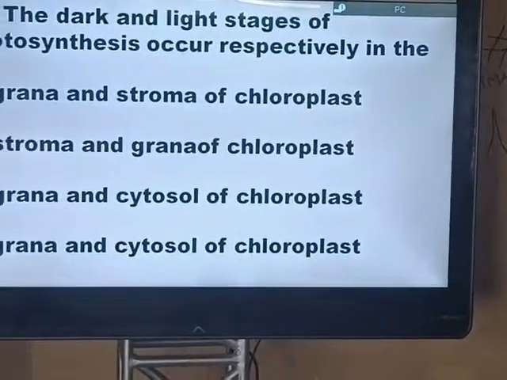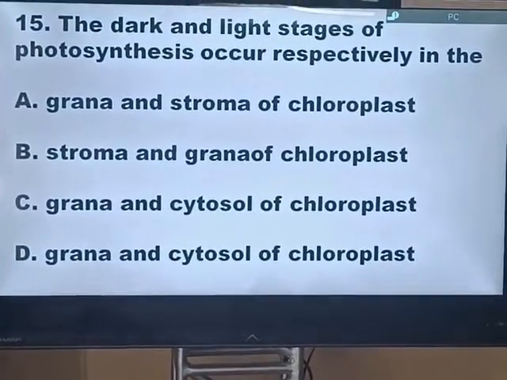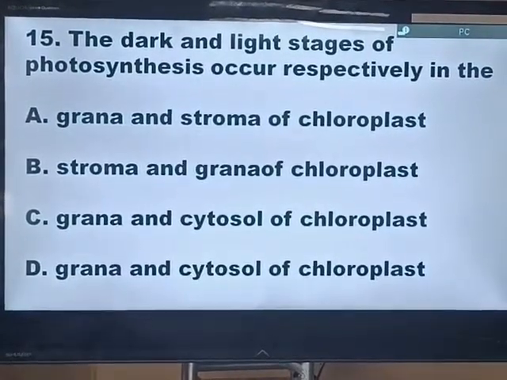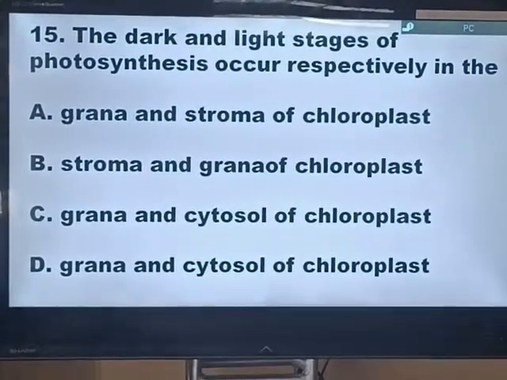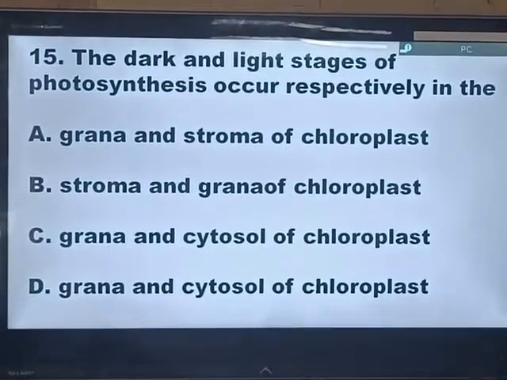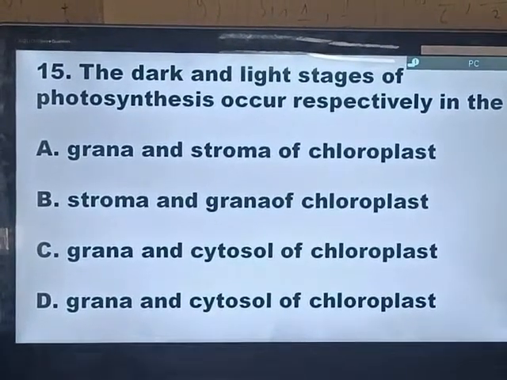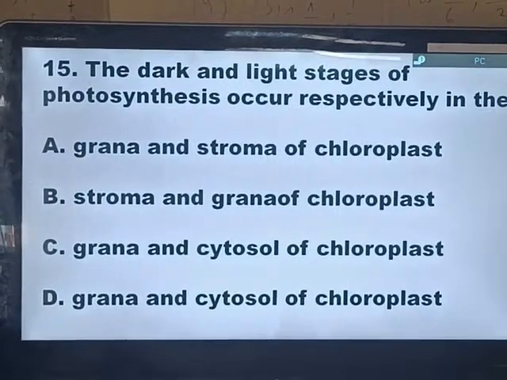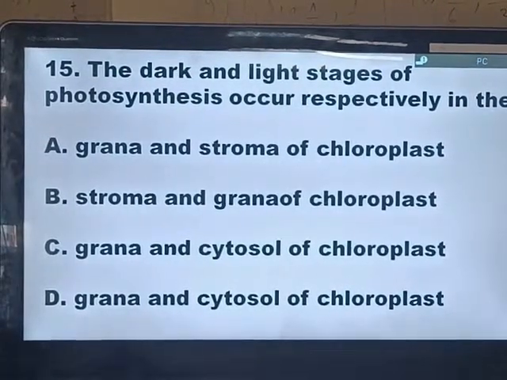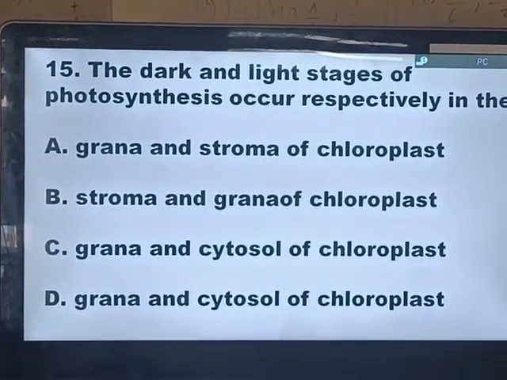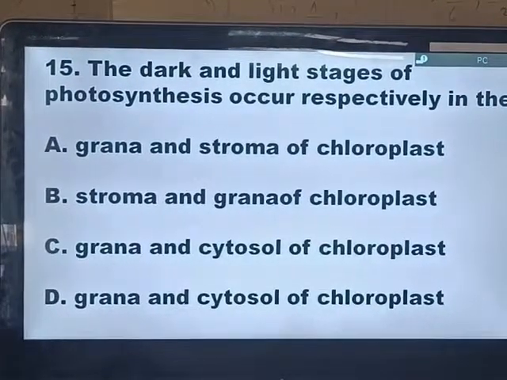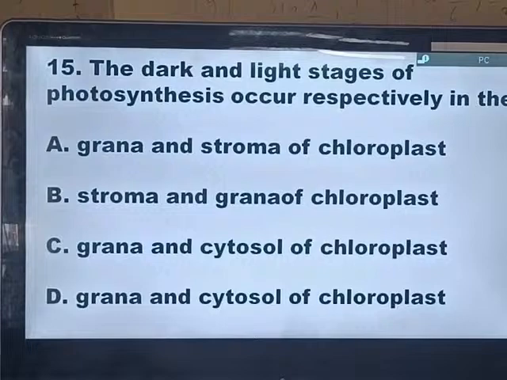The dark and light stages of photosynthesis occur respectively in the dash. Now, the dark stage occurs in the stroma of the chloroplast, while the light stage occurs in the grana of the chloroplast. So if you look at the options, you can see that the correct answer is the dark stage happens in the stroma, and then the light stage happens in the grana.